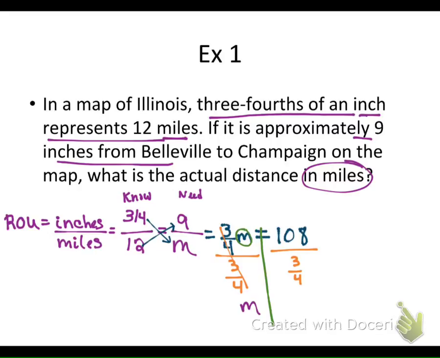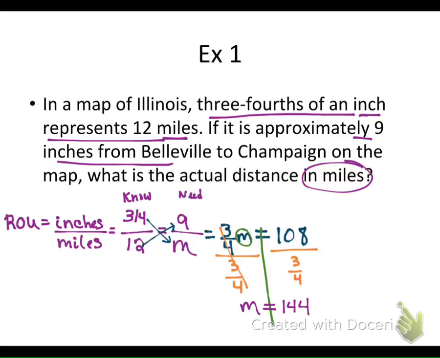So m equals. Now, you guys have the calculator that will do the work for you. When you go to type this in the calculator, which number should you type in first? 108. So you're going to take 108 divided by 3/4. So don't forget to use that fraction button. What'd you get? 144.